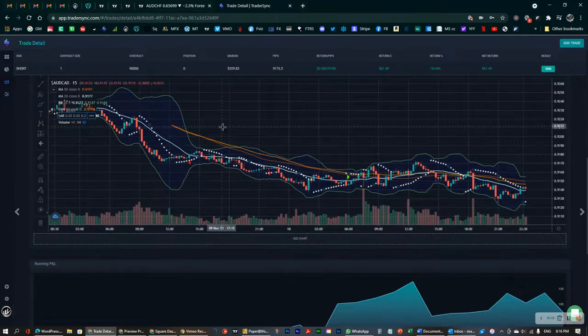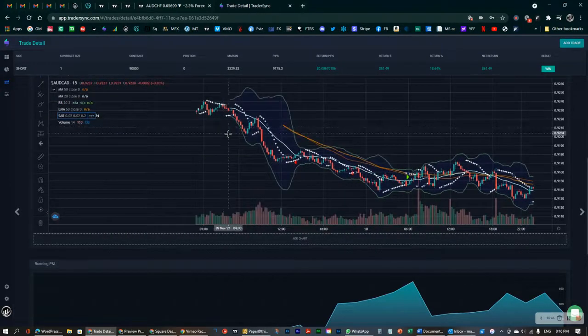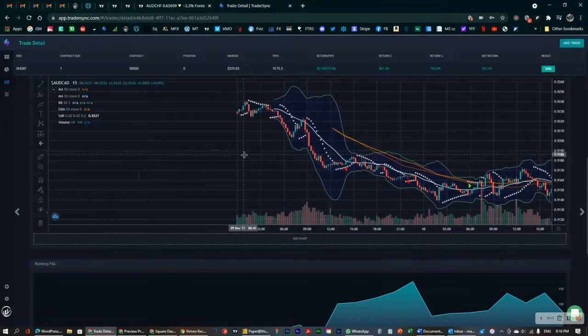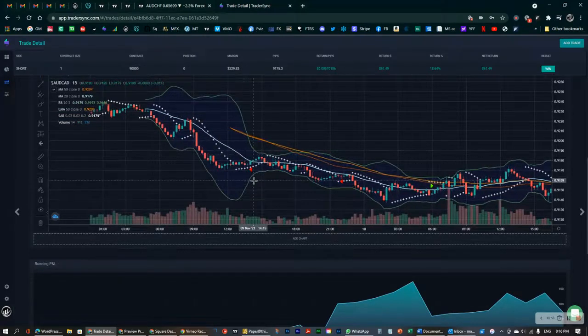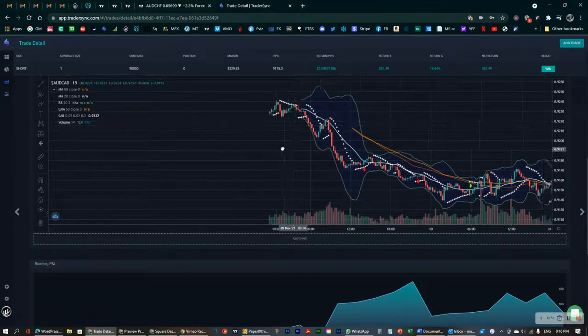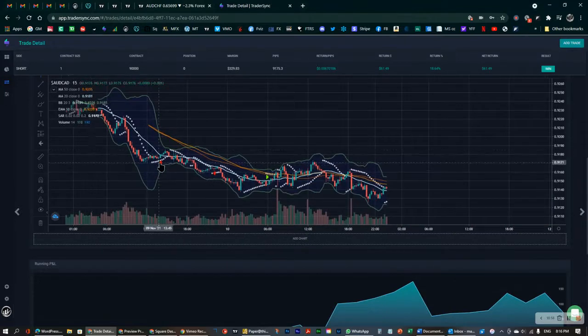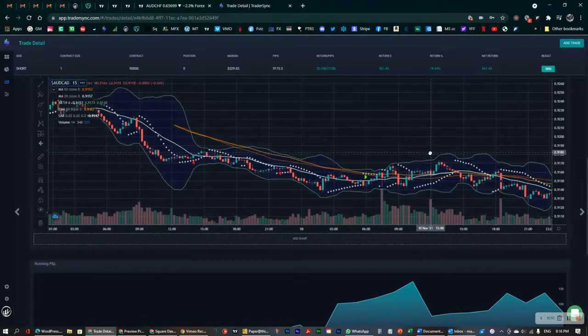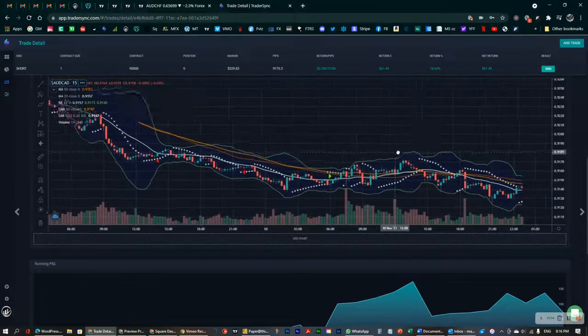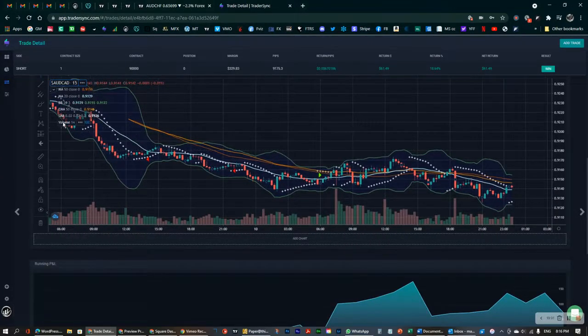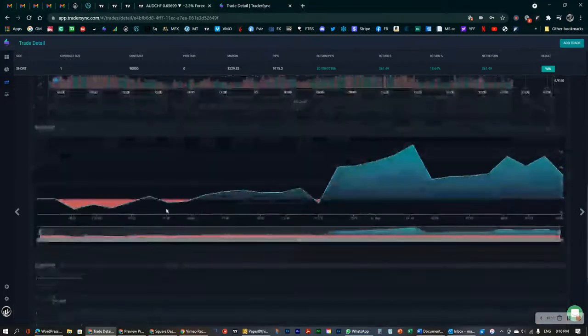So it shows you, okay, so yeah, here we go. It shows you where you entered. It shows you where you exited. And funny thing is this is a TradingView widget on their own system.